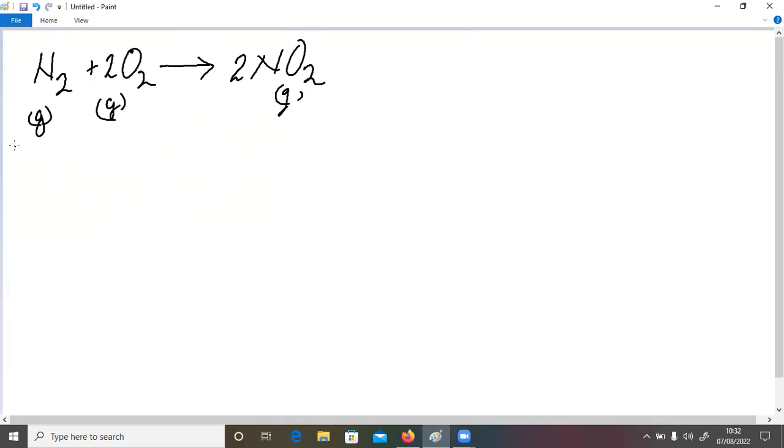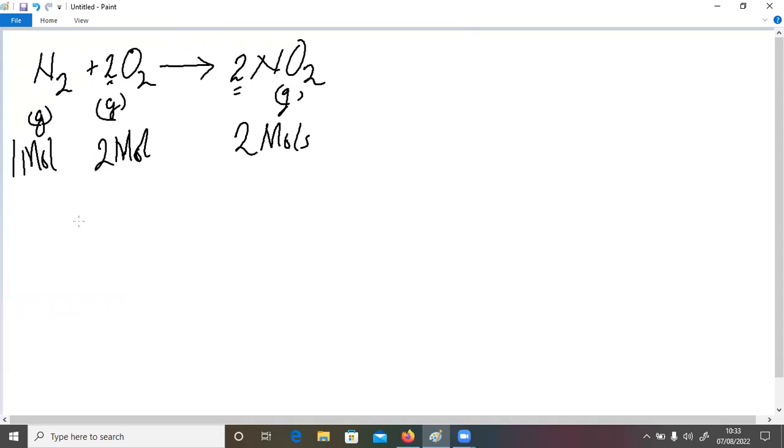In this particular reaction, 1 mole of nitrogen gas reacts with 2 moles of oxygen gas to give out as product 2 moles of nitrogen dioxide gas. I'm taking the coefficients of our products, the balancing quantities.